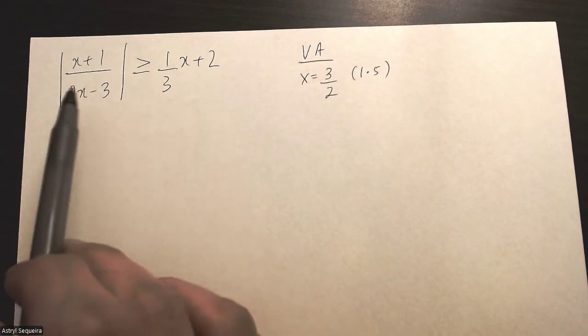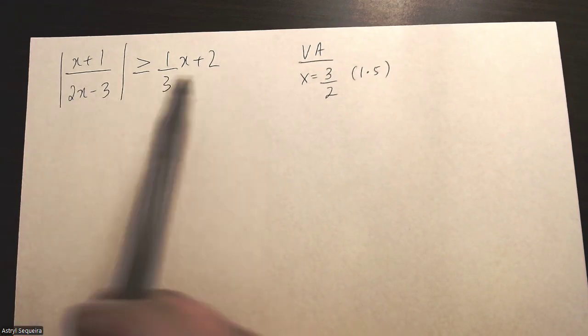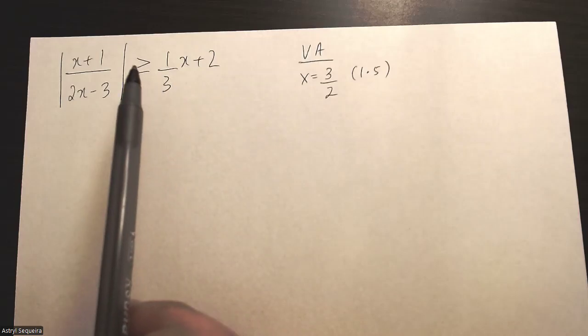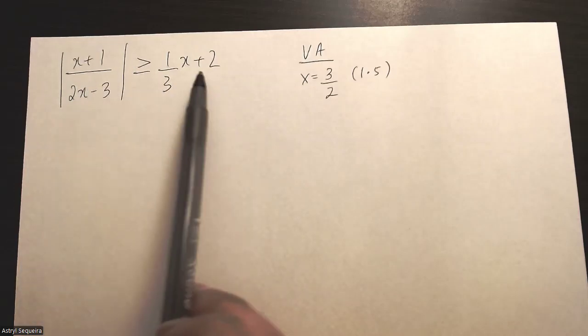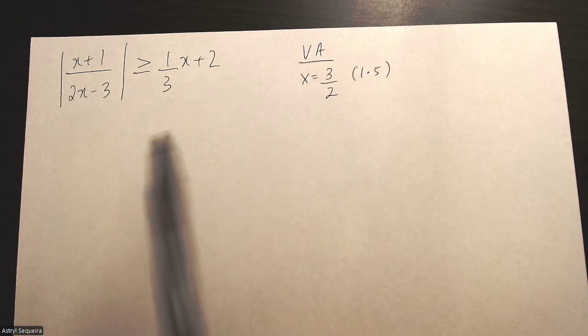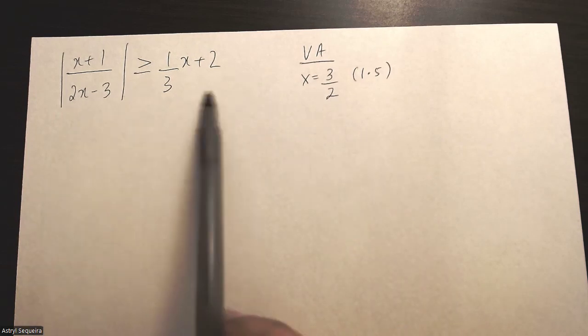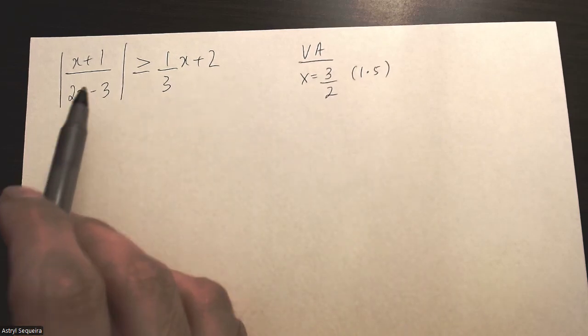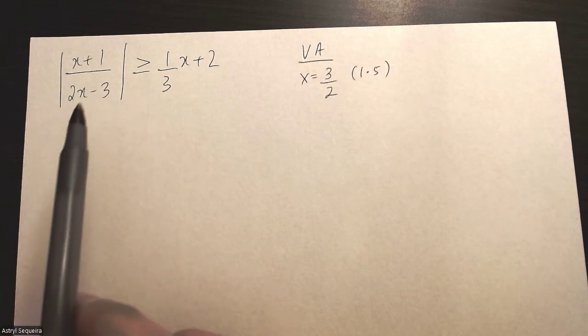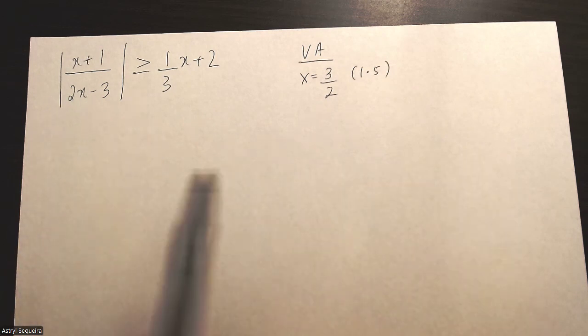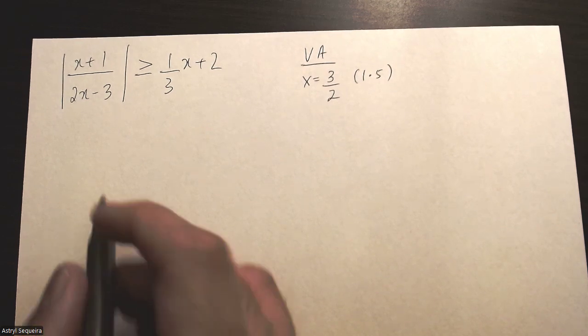Now I want to just solve this absolute equation over here to find the points of intersection between these two functions, and then I'm going to use those x values to prove where this inequality is true. So since I have an absolute value, it's going to split into two different equations, a positive and a negative equation.